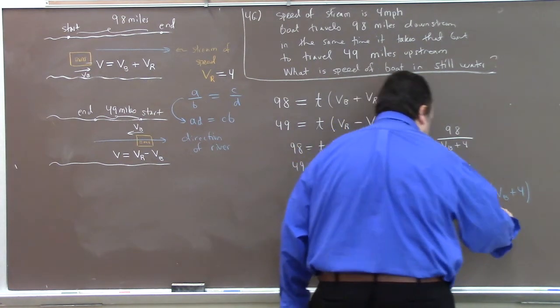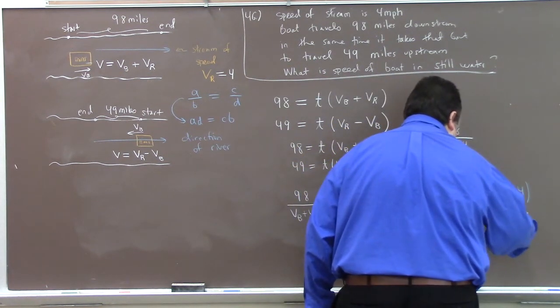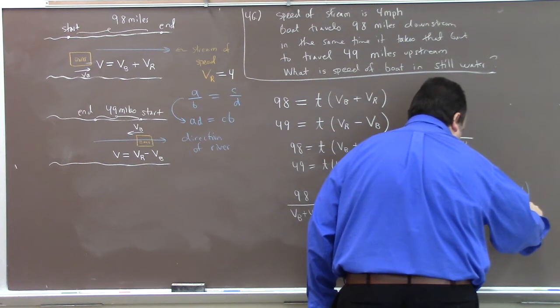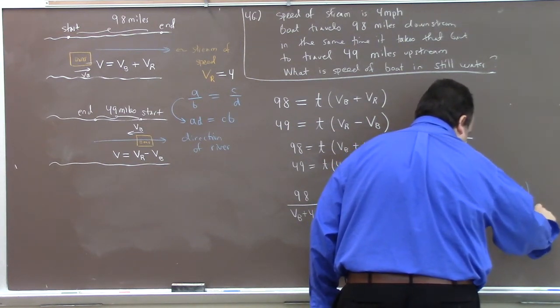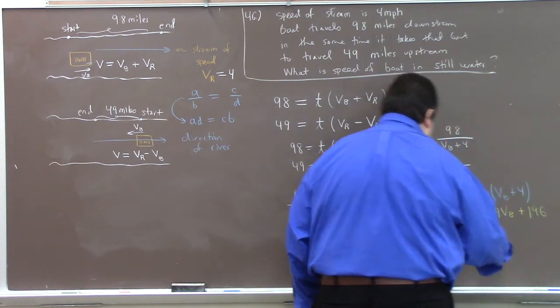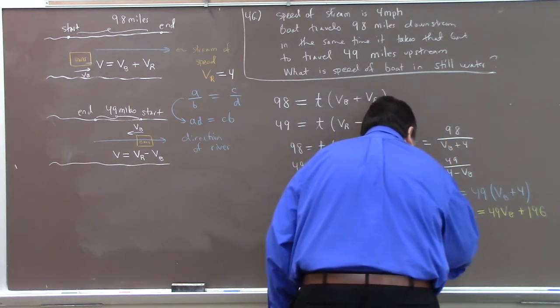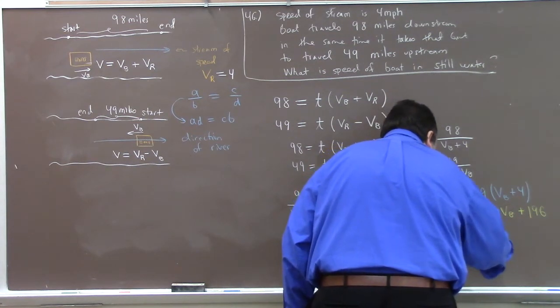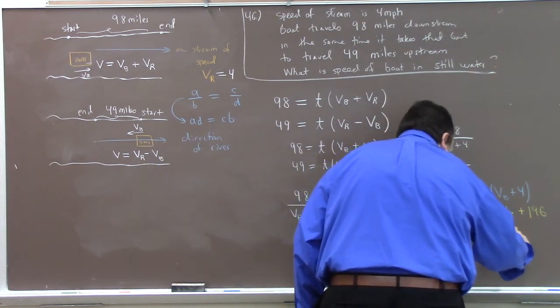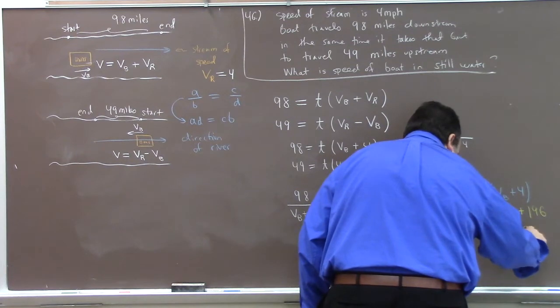Yeah, okay, good. 49 VB. What's 4 times 49? That seems like 196. Thank you. And so then, what does this give us? This gives us 392 minus 196 is equal to 49 VB plus 98 VB.